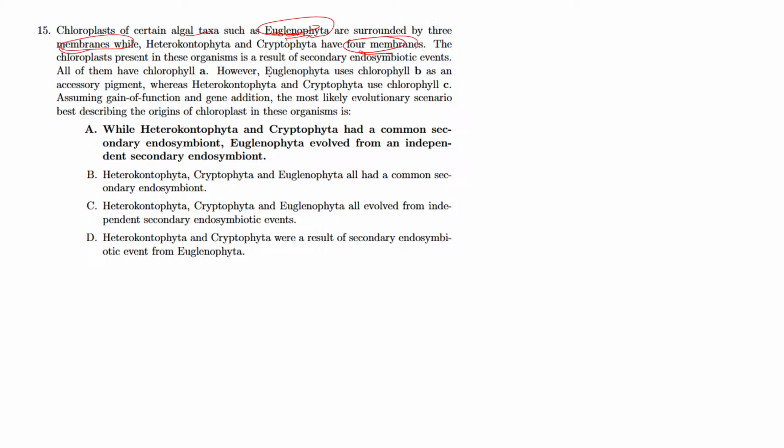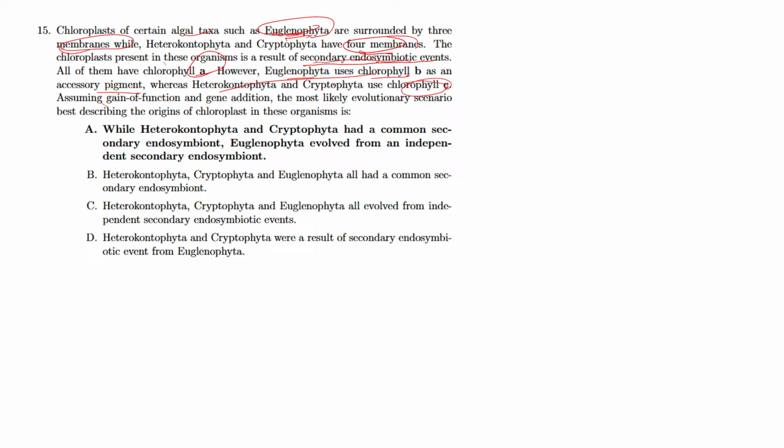The question further says that the chloroplast present in these organisms is a result of secondary endosymbiont events. So the chloroplast entered the organism by a secondary endosymbiotic event. All of them have chlorophyll A. However, Euglenophyta uses chlorophyll B as an accessory pigment, whereas these two use chlorophyll C as an accessory pigment. Assuming gain of function and gene addition, what is the most likely evolutionary scenario?